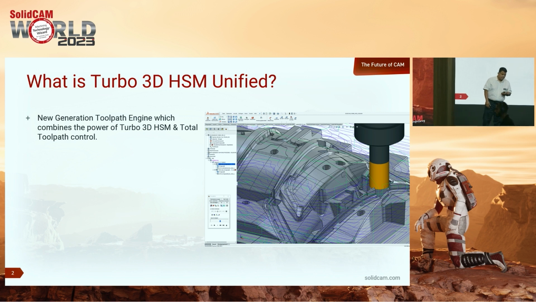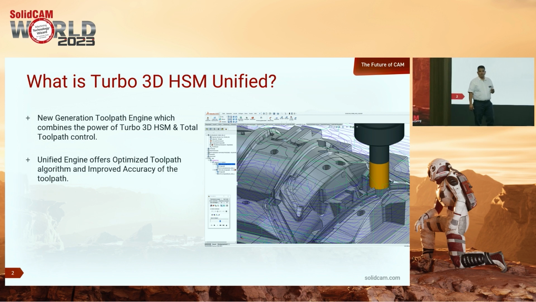Unified is a new generation engine because it combines two big engines of ModuleWorks to give you a very powerful toolpath generator in 3-axis. It gives you, first of all, the power that was there already in Turbo 3D HSM, and it gives you complete control. If anybody has been working with the Turbo 3D HSR, unified is an extension of Turbo 3D HSR, so it uses the same principle.